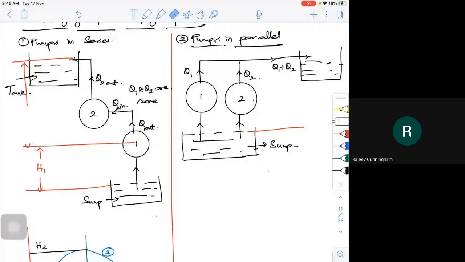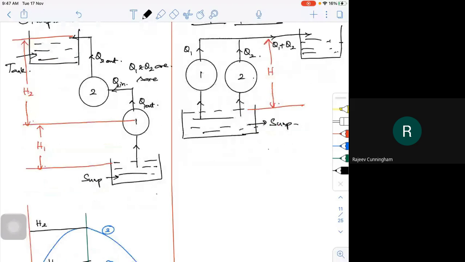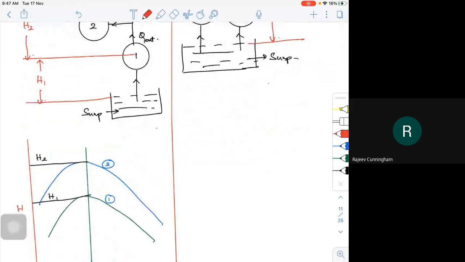That's one particular thing you have to look into. If I put the H curve for this, it will be something like this.